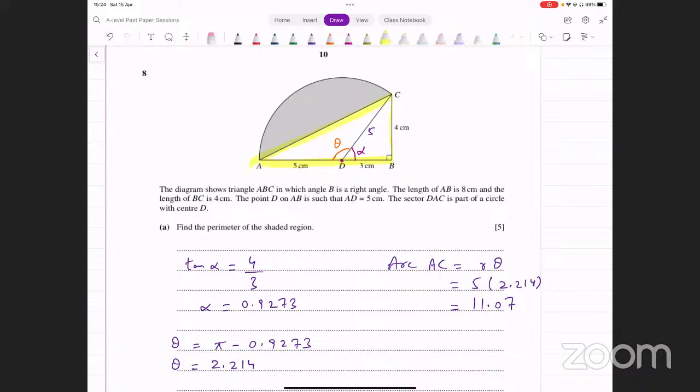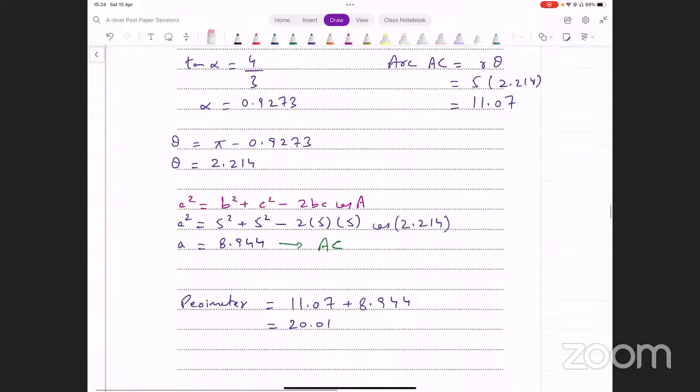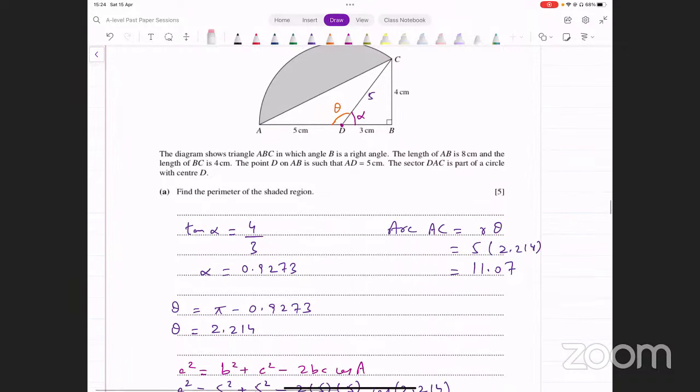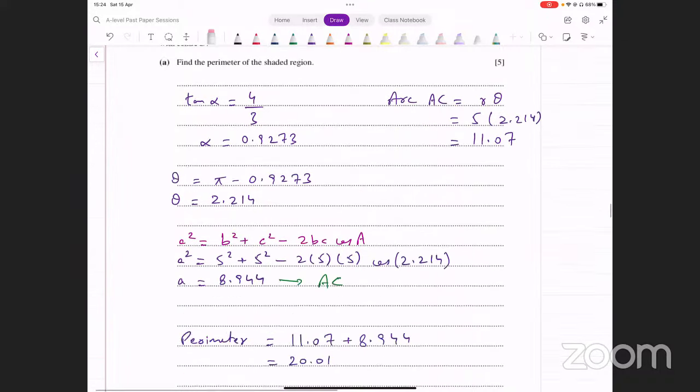You know the perpendicular and the base, 8, so you could get the hypotenuse directly, without using the cosine rule. So let me do that. 4 squared plus 8 squared, take its square root, and you get the same thing. That's much quicker if we had used that.